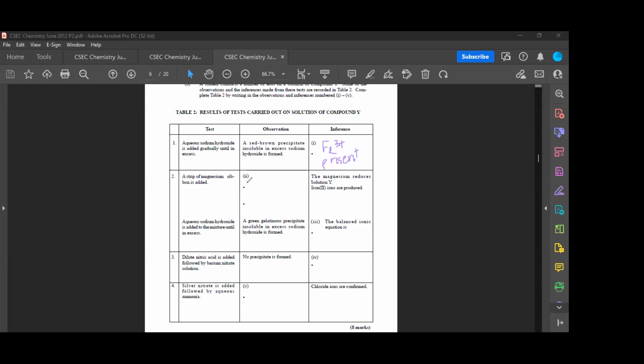For this, we are saying that we might get some white precipitate or colorless, depending on the amount that is there.